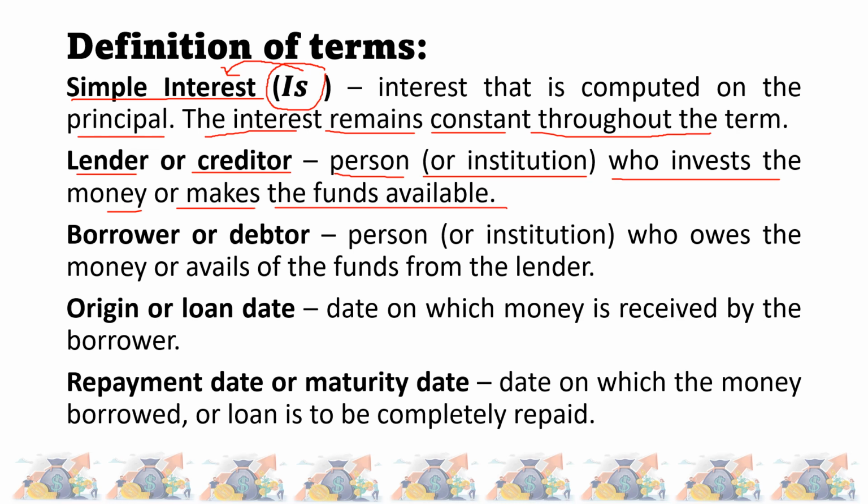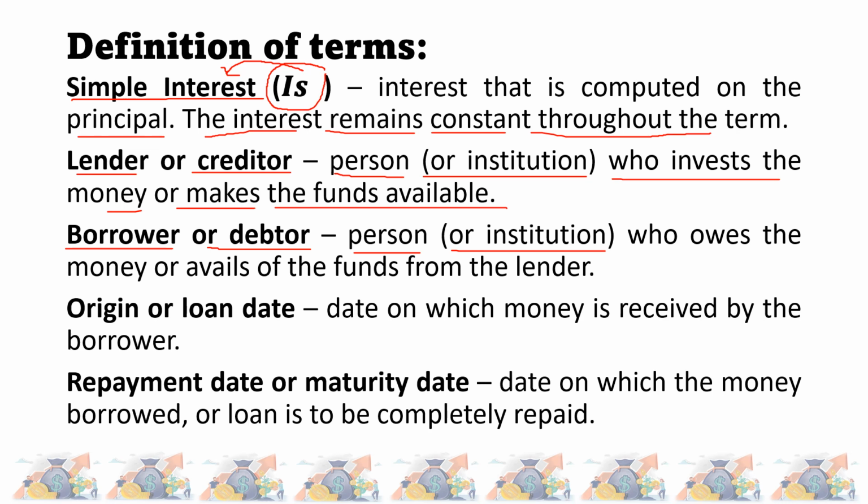And for the next term, the borrower or debtor. It can be a person, but not only a person; it can also be a private institution or a group or a corporation that wants to borrow. Or even a government institution that needs a fund to execute certain projects for a given time frame.